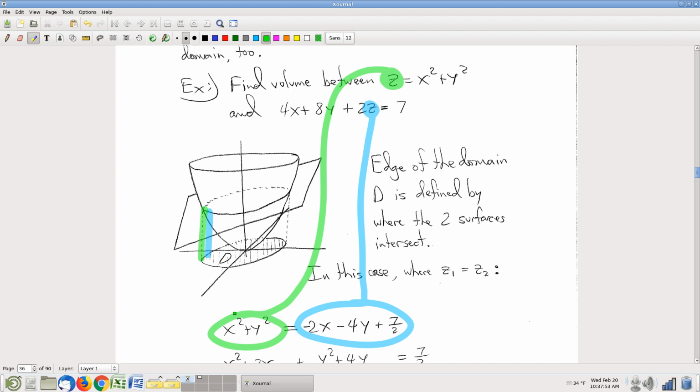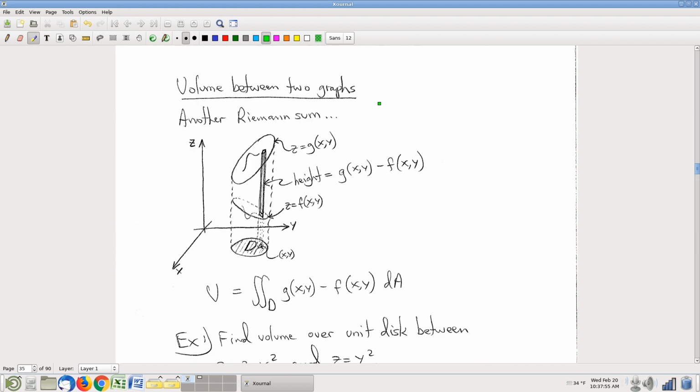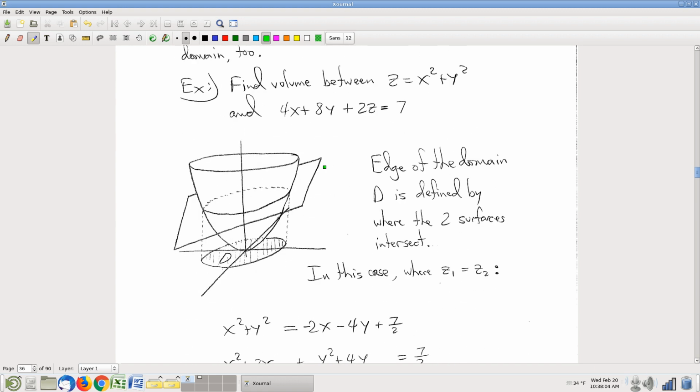Yeah. So the integrand is this. It's always g minus f. Right? So top value of z minus bottom value of z. So you've got to look at the picture and ask which one of these, for these values of x and y, right, which one of these surfaces is on top and which one of these surfaces is on the bottom.